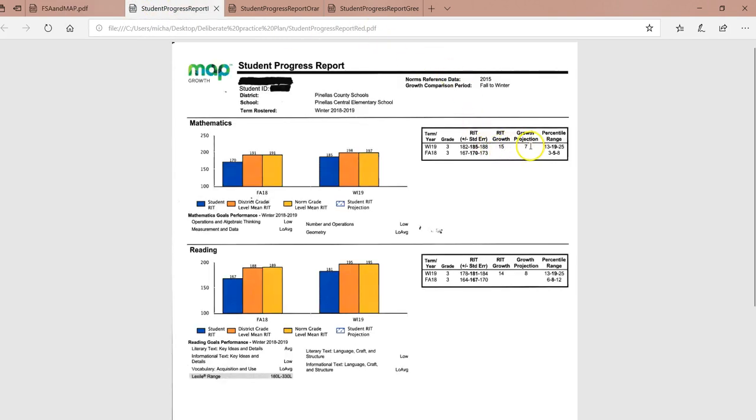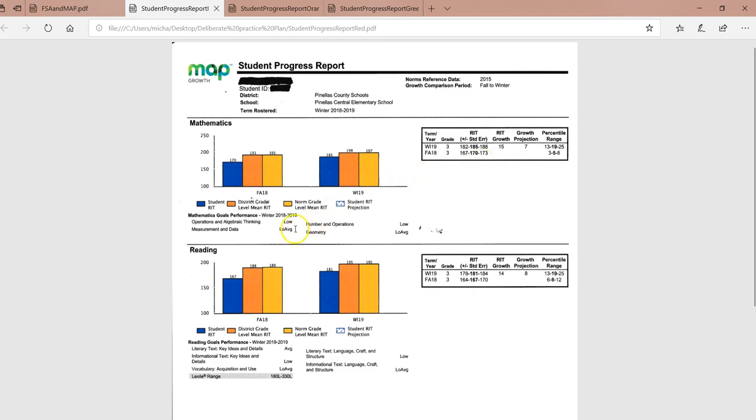And a growth projection of 7 is automated from the MAP assessment, along with their actual growth. So to grow from a 7 to a 15 shows that this child is on track in terms of getting close to where they need to be.